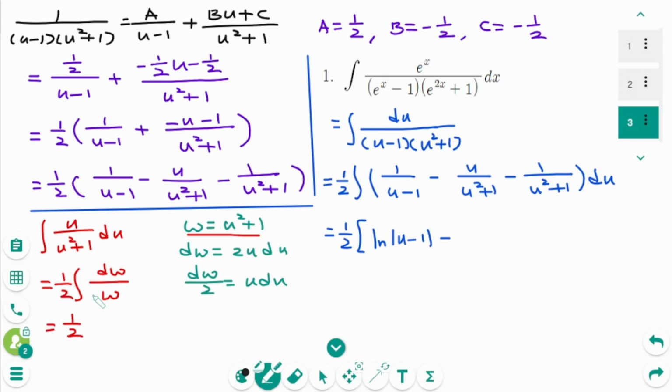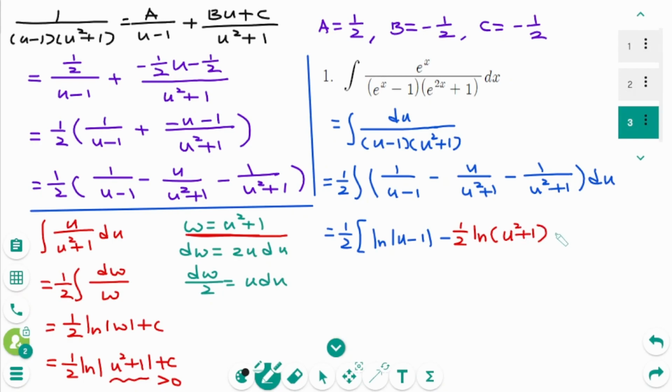So 1 over 2 times integral of 1 over w, that means ln absolute value of w plus c, equals 1 over 2 ln absolute value of w, which was u squared plus 1, plus c. Then back to the original: 1 over 2 ln u squared plus 1, which is always positive, so we need a bracket u squared plus 1, minus the last one, which is arctangent of u, plus c.